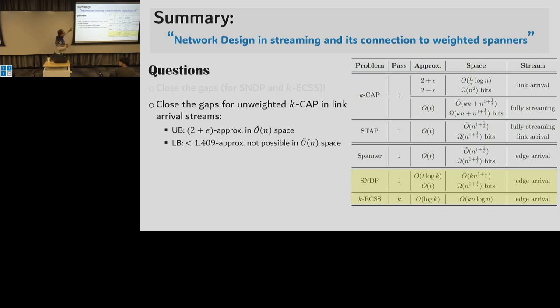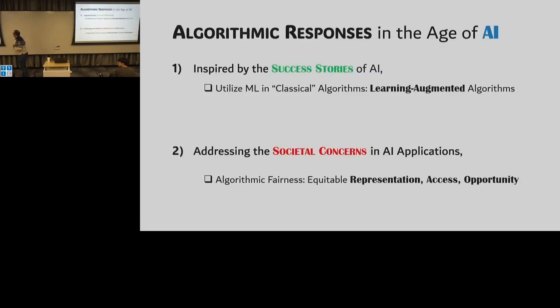So what's the right answer? That's an interesting question. It's also an interesting question to study the problem in dynamic streams, as Chen, you asked. We have some ideas, but it's an interesting question. Okay, so let me now go to other research directions I am interested in.